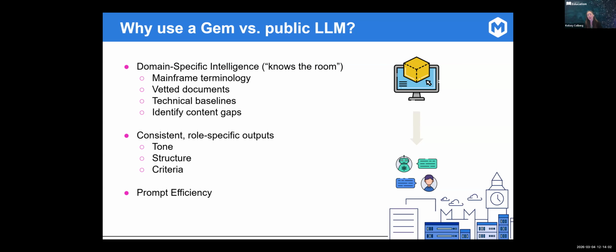The other big reason we wanted to create this customized Gem versus having people ask public LLMs is we can adjust the output it's going to give to the user. We can adjust its tone. We can decide if we want it to be professional or sarcastic, for example.